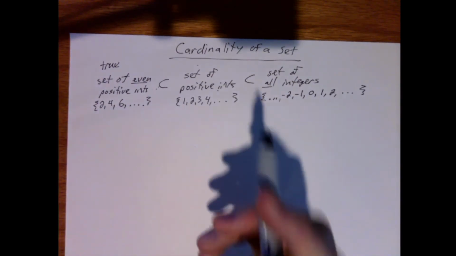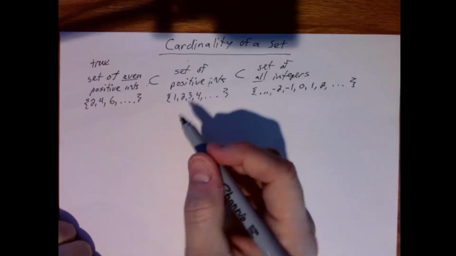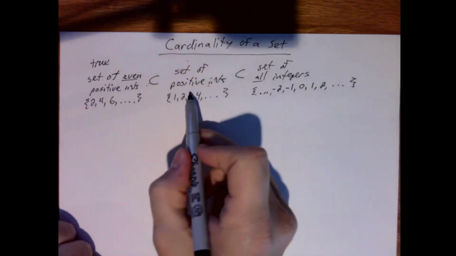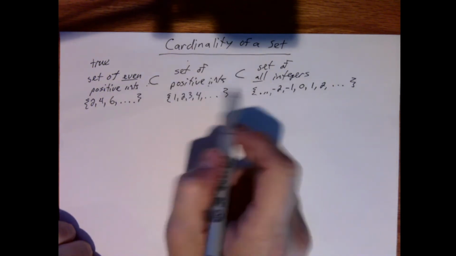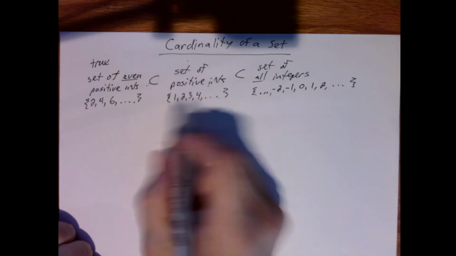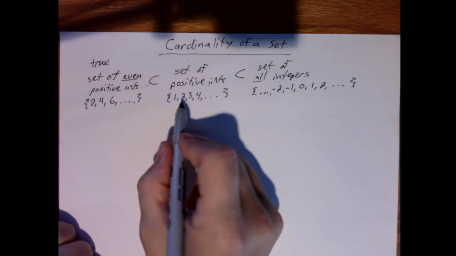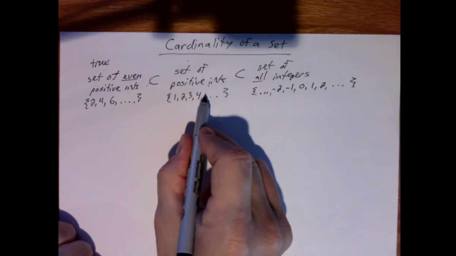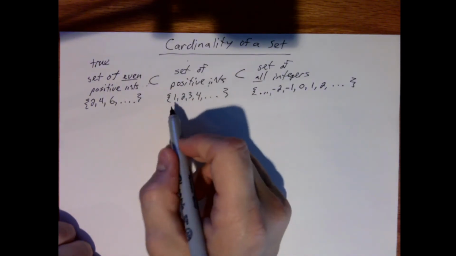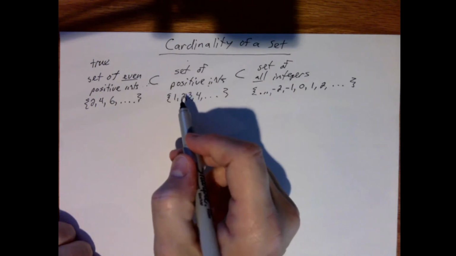All right. So remember what we said. If we can find a bijection from the set of positive integers to some other set, then they have the same cardinality. And what that means is coming up with a way of mapping every one of these numbers to the numbers in the other set, or the elements of the set. I guess it wouldn't necessarily have to be numbers. All right.